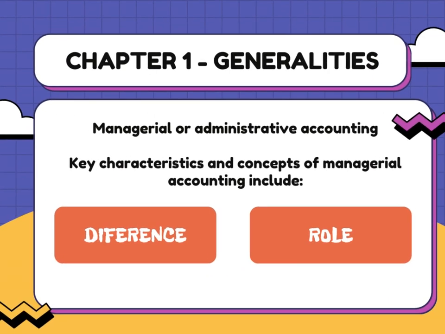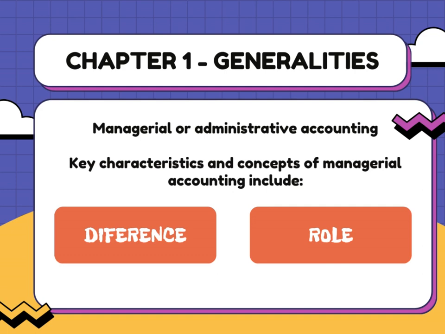Chapter 1, Generalities. Managerial or administrative accounting, often referred to as management accounting, is a branch of accounting that focuses on providing internal information and data to help organizations make informed business decisions and manage their operations effectively.